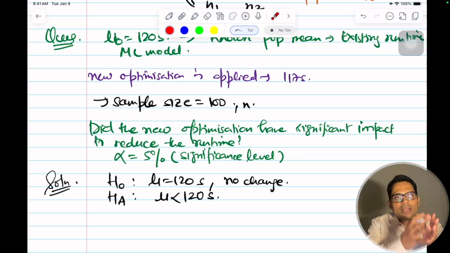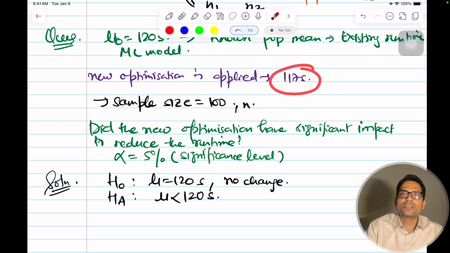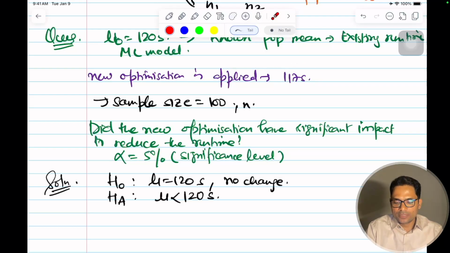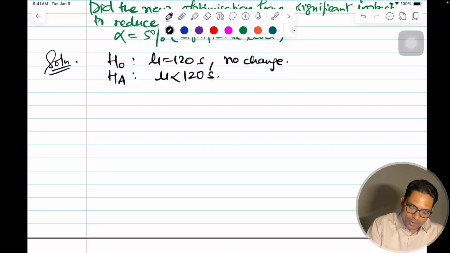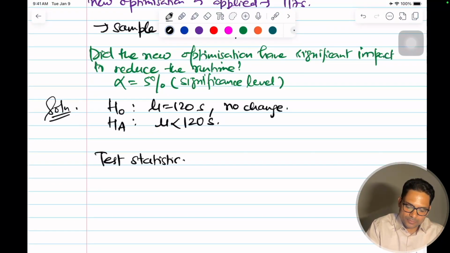We did 100 runs and we got some data, and the mean of that data was 117. Using the z-test, the one-sided z-test, we will confirm this. So what is my test statistic for the one-sided z-test? Because we are comparing from the sample mean, we are ascertaining the population mean.